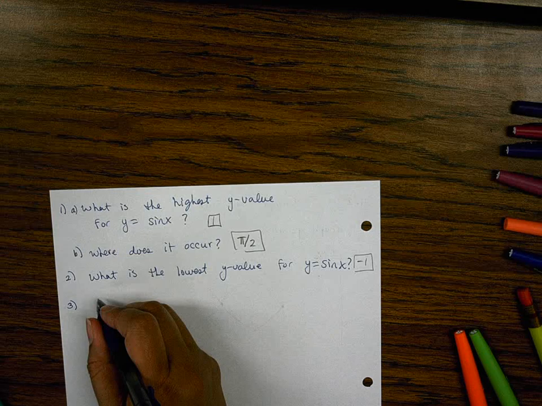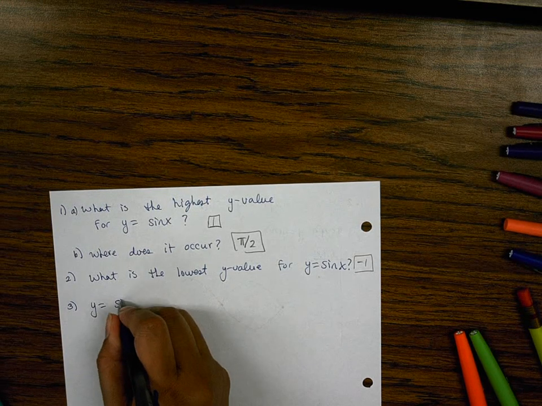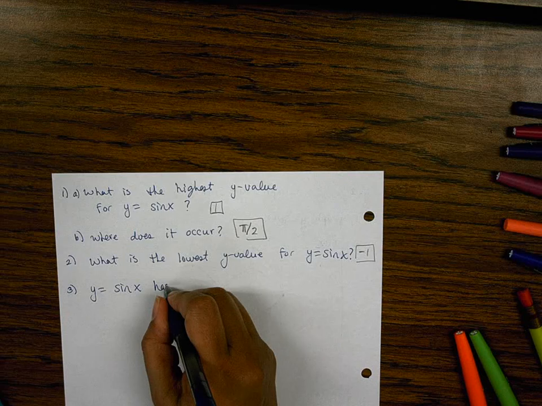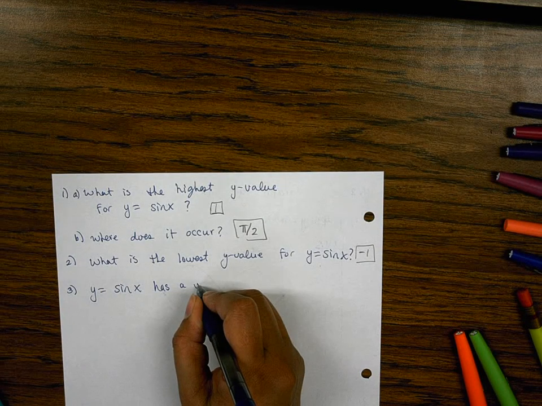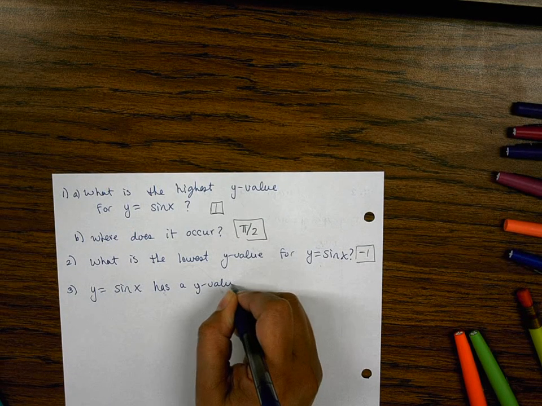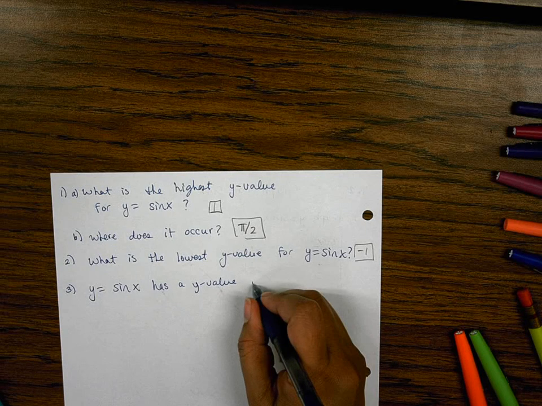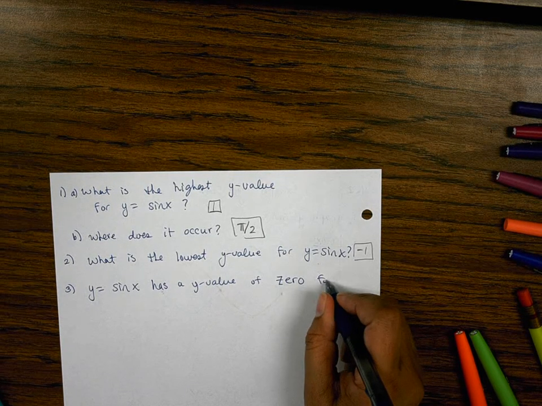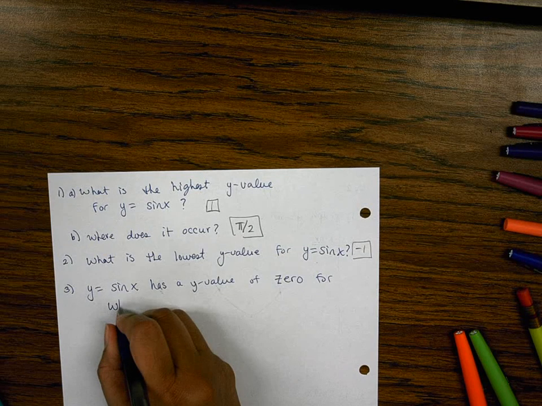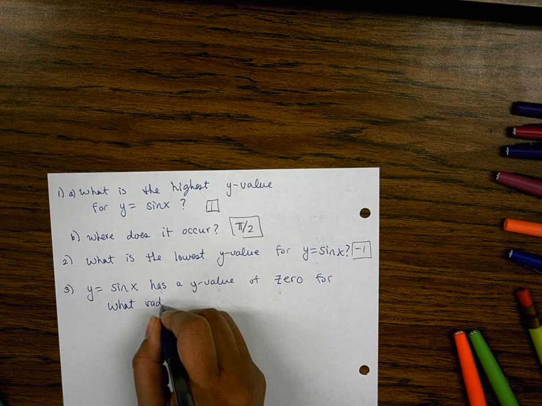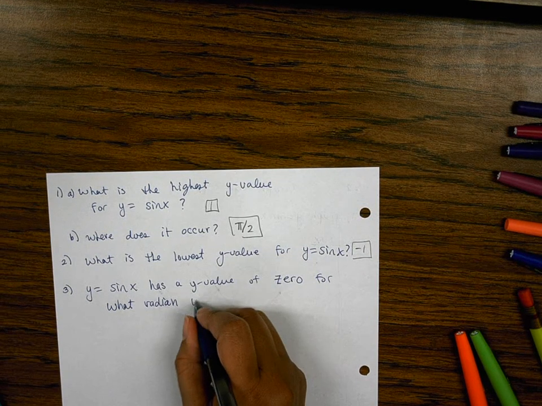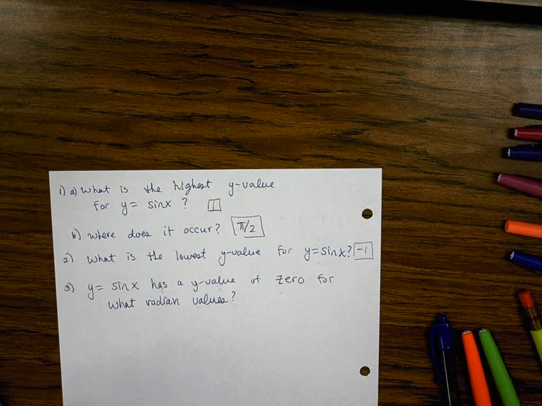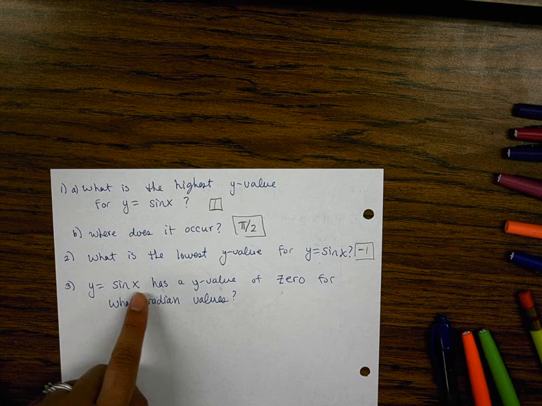Okay, number 3. Y equals sine of x has a y value of 0 for what radian values?